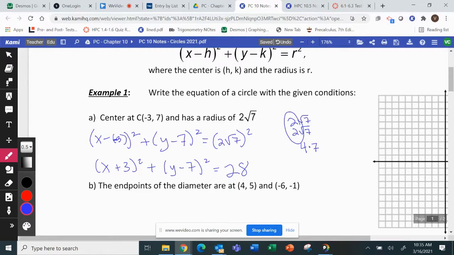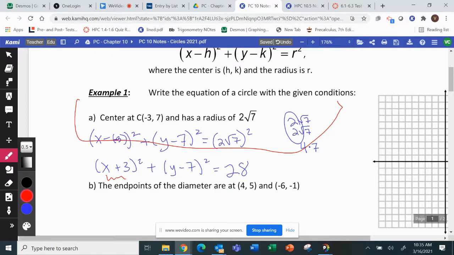Now, looking at the equation, this is what you were supposed to discover on that Desmos activity. When you look at the equation and I see this x + 3 right here, what does that tell me about the h value? If I didn't give you anything above this, if I only gave you this, how would I know where h was?